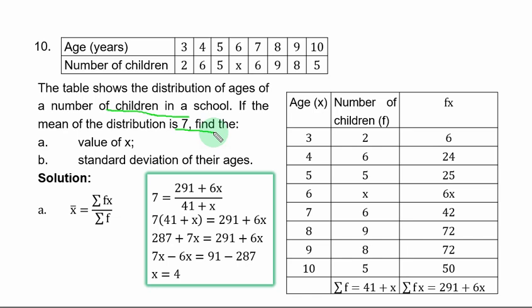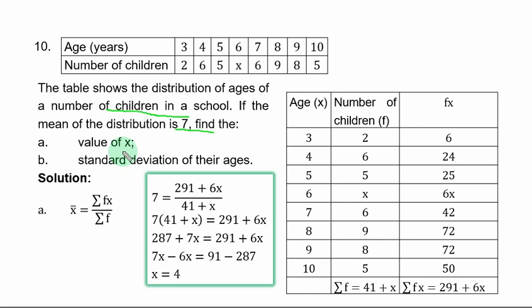So with the mean, you can get the value of s. From this table, you can take the age as s and number of children as frequency. Number of children with age 3, they are 2. Number of children with age 6, they are s, so you get s.